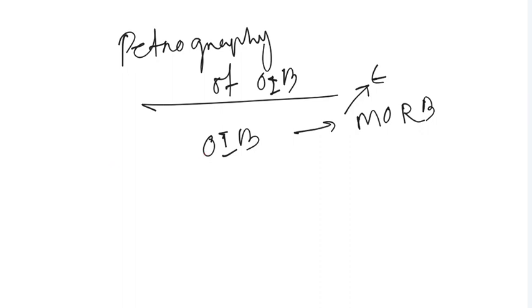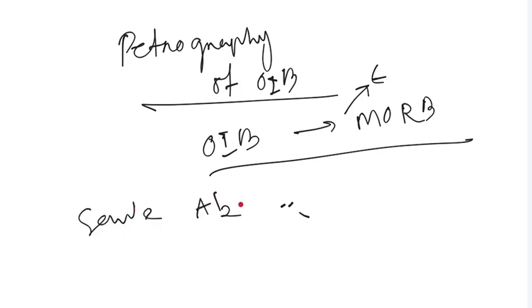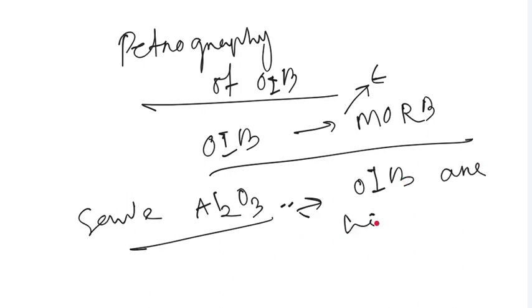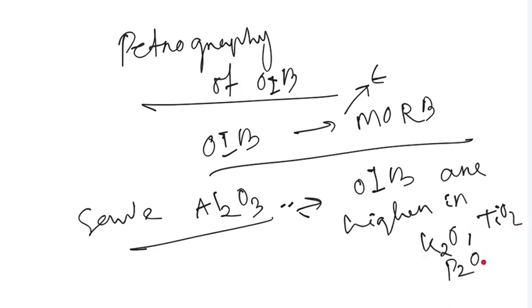But what is the difference? For the same Al2O3, OIBs are higher in K2O, TiO2, P2O5. This is the basic difference between OIB and MORB.